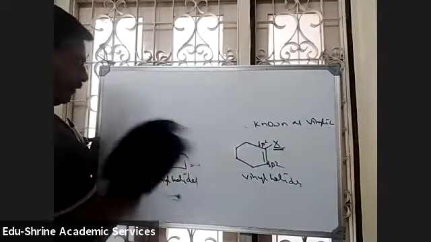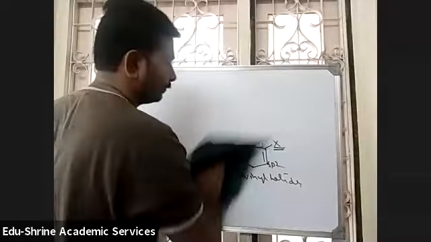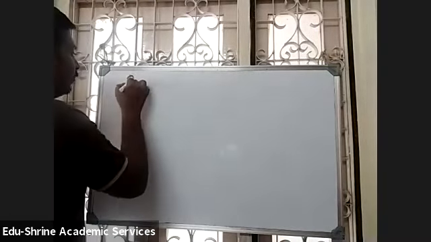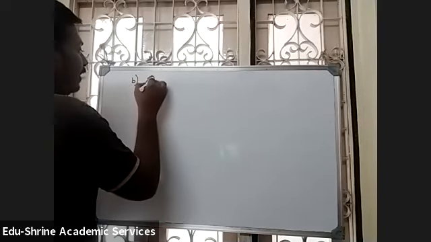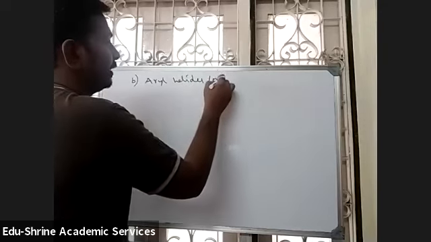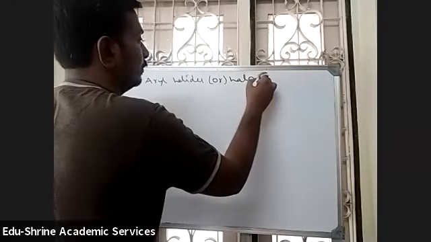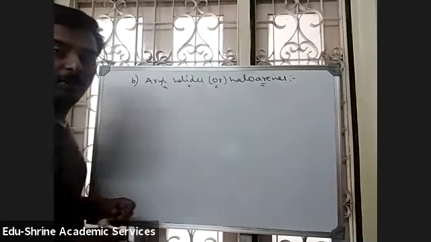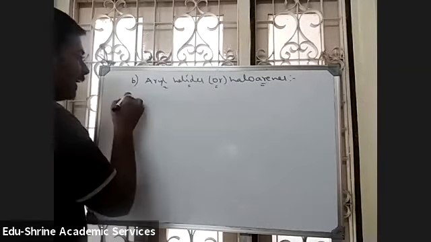Then the second type of compounds. In the compounds containing an sp2 C-X bond, the second type are called aryl halides or haloaryls. So what do we mean by aryl halides or haloaryls?